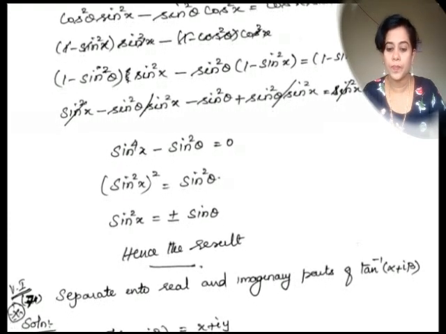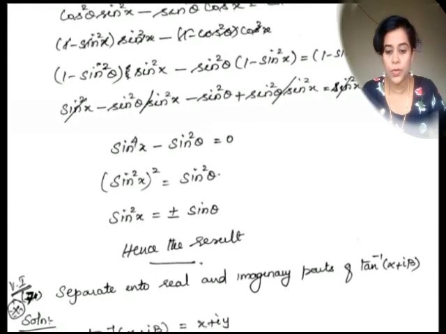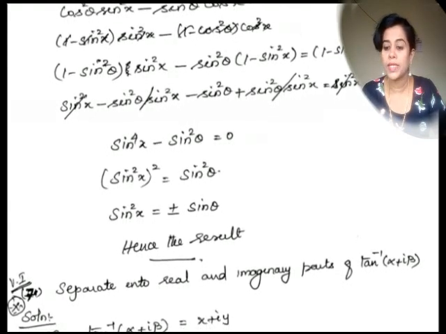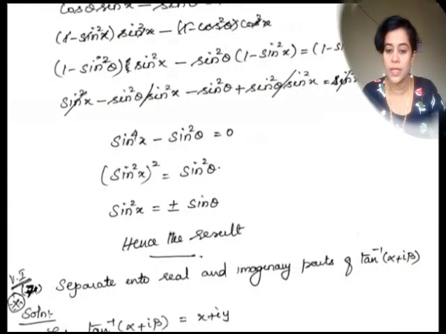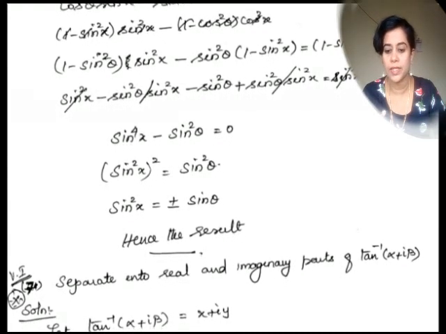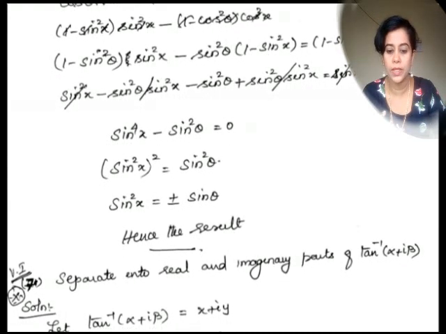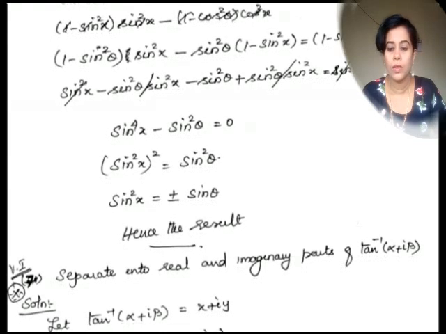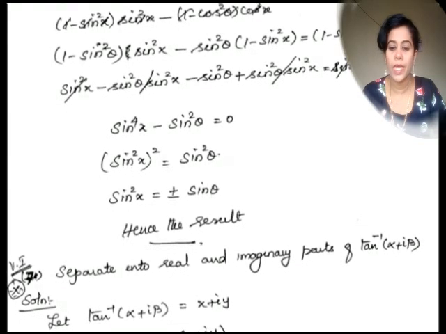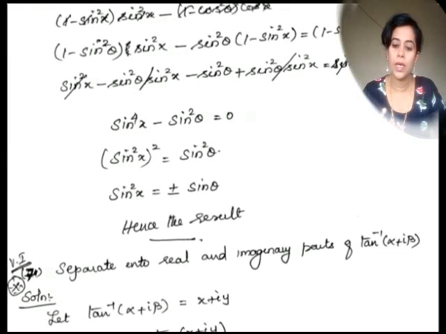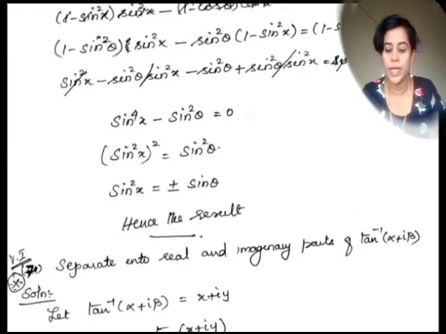The remaining will be minus sin squared theta on the left hand side and minus sin power 4 x on the right hand side. Both the minus signs can be cancelled, then sin power 4 x equals sin squared theta.